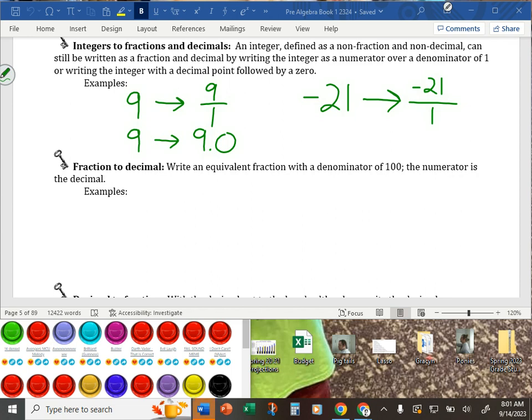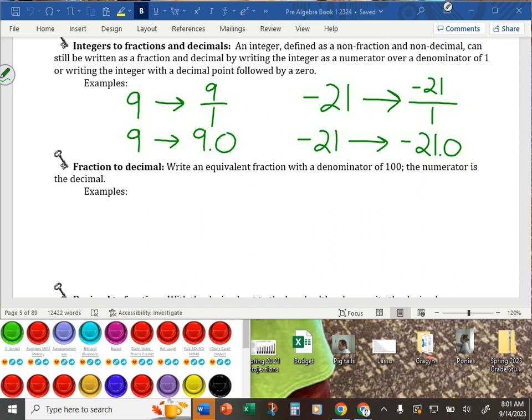And as a decimal, negative 21, Ziki? Negative 21.0. Yep. Don't lose that sign there, right? Negative 21.0. So with integers, just to sum up, a fraction since it's not written as a fraction to start with, just put it over 1.